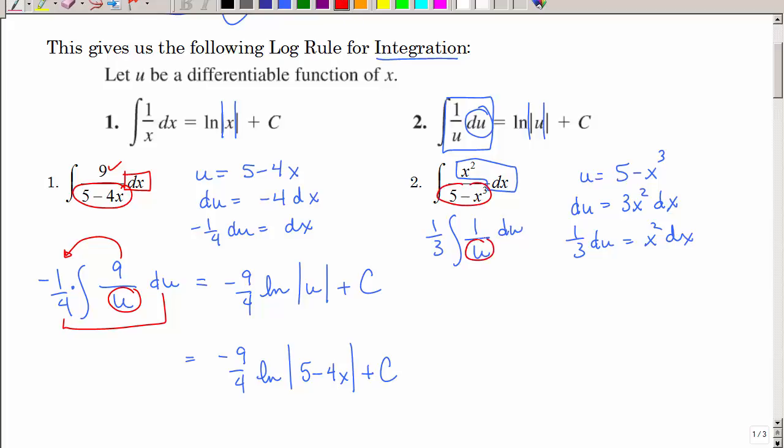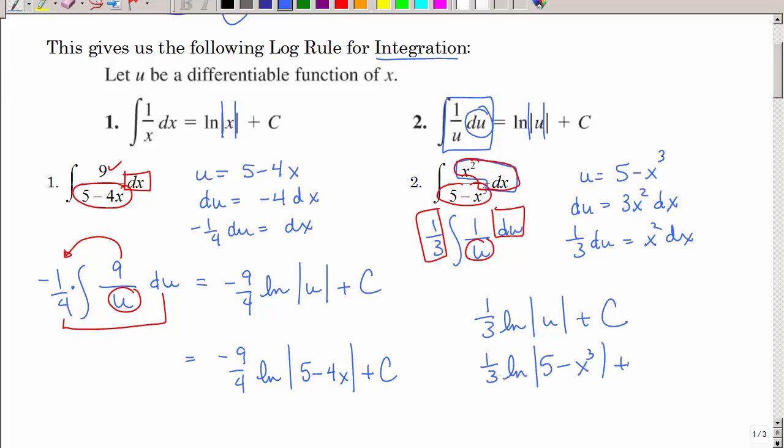Here's our u, and this part is x squared dx. So integrating that, that's 1/3 times the natural log of the absolute value of u plus c, and then substituting back what u was equal to. So it's a very easy integration. You just have to make sure you have that du part.